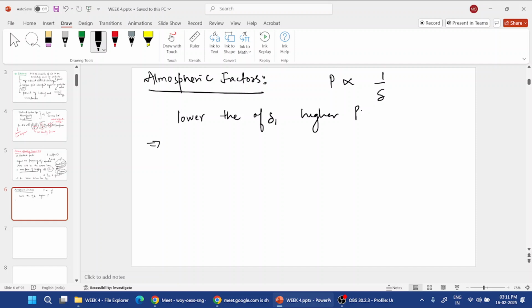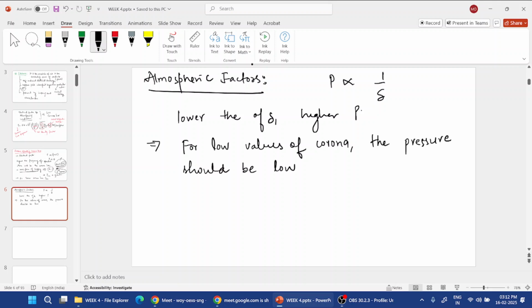There is also one thing here which you should know: for low values of delta, the pressure should be low and the temperature must be higher.